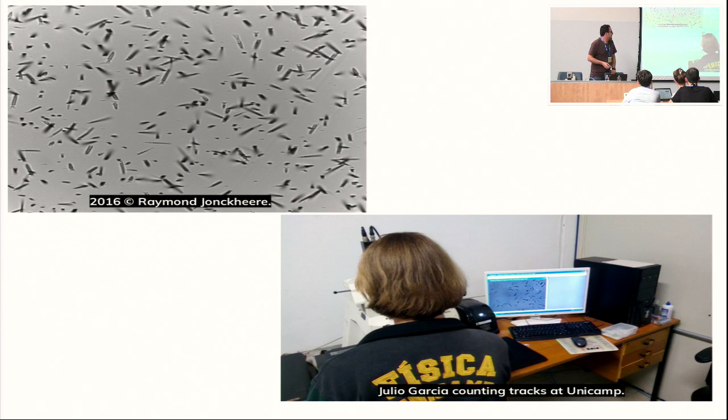You can also see how difficult this is to count, because you're on the microscope and it takes lots of time. On the first image you have like 100 tracks, and on the 51st you don't have that efficiency anymore, because you get tired.